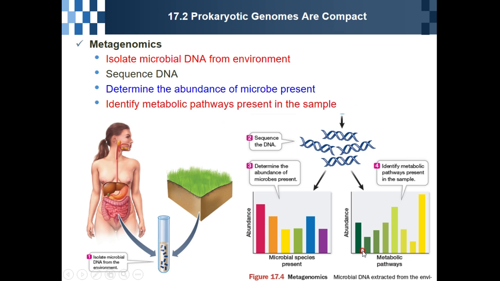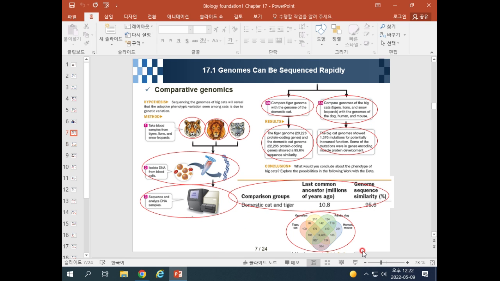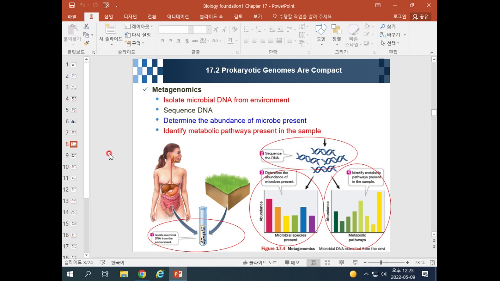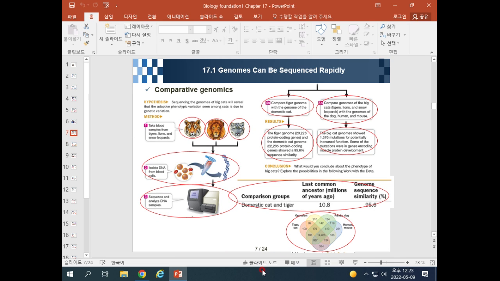Now we can go to the second subject: prokaryotic genomes are very compact. But before going to the second subject, the important thing is that if you are interested in bioinformatics, nowadays you can major in this field, and your salary will be much higher.